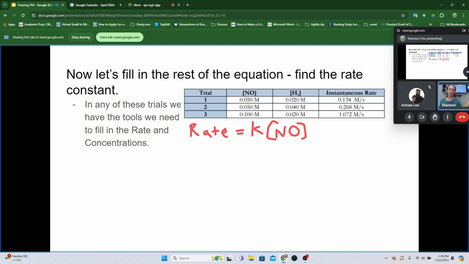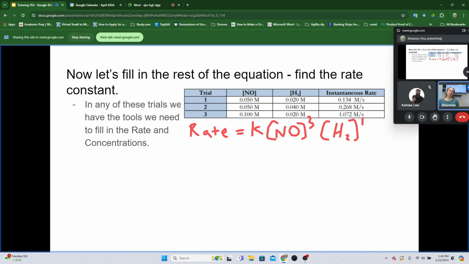So this one we're skipping some steps because we just did it two problems ago. So what was our order for nitric oxide? 3. So NO to the 3 power, and then H2 to the 1. Okay?